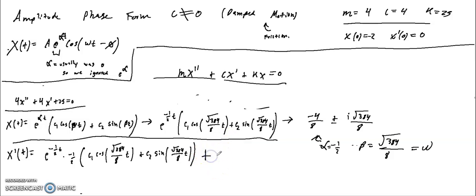Plus, we still have this product rule, so e to the negative 1/2 t times the derivative of the inside.